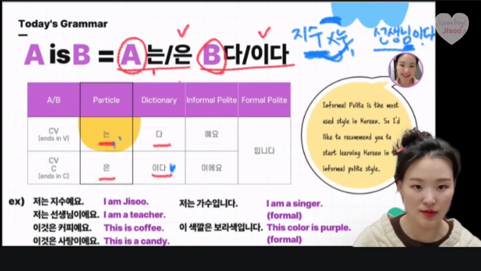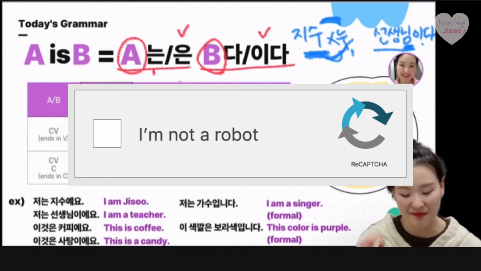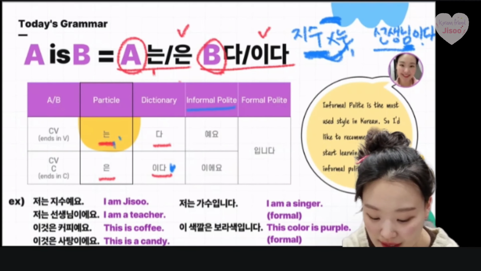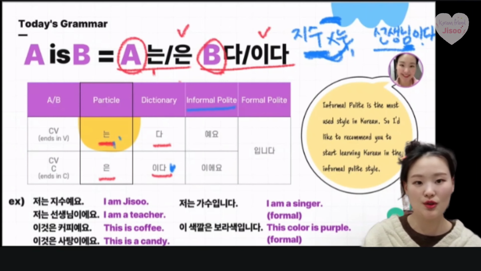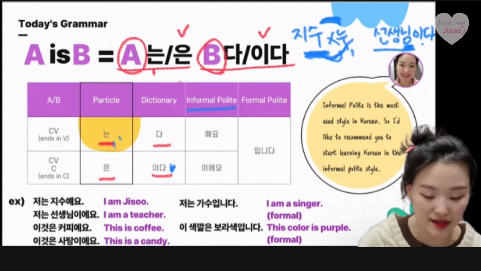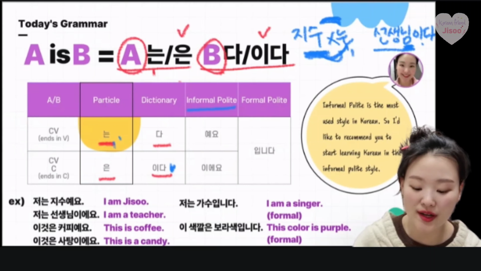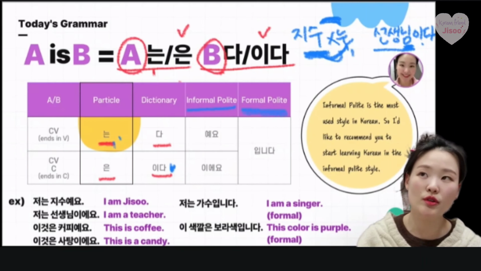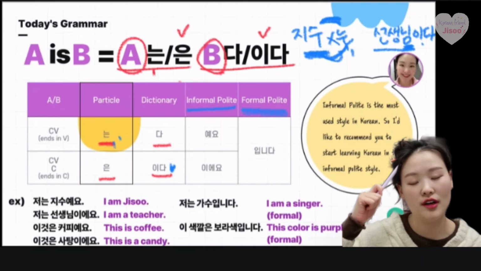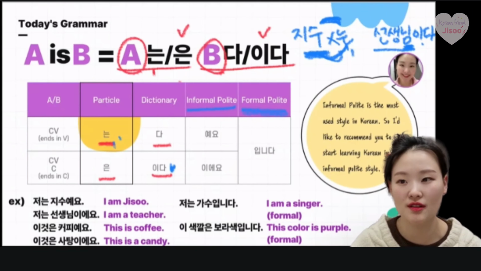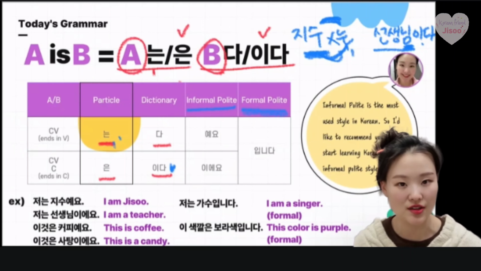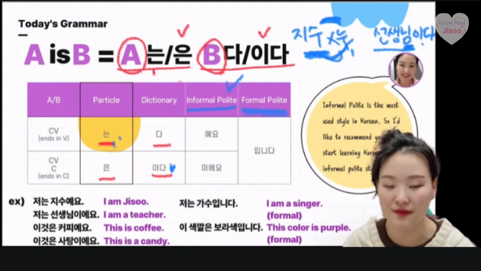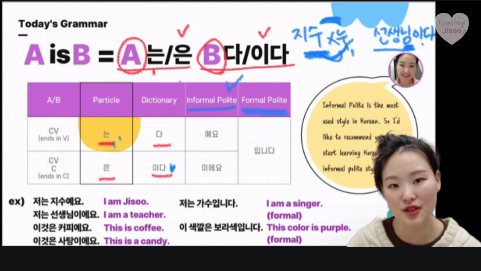But if you keep saying A는 B다, you sound more like a robot. Are you a robot or a human? I'm sorry, I sounded like a captcha. So I would rather recommend you to use the informal polite one because it is the most used version of Korean spoken language. There's another way to say it politely, which is the formal polite, but it is more used for news articles or presentations, on real official occasions. So I recommend you to learn Korean with the informal polite from the first time because it is the most used.